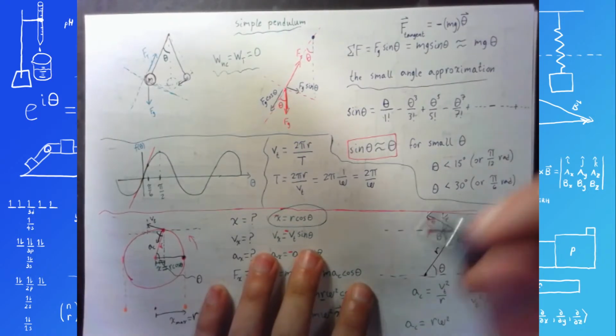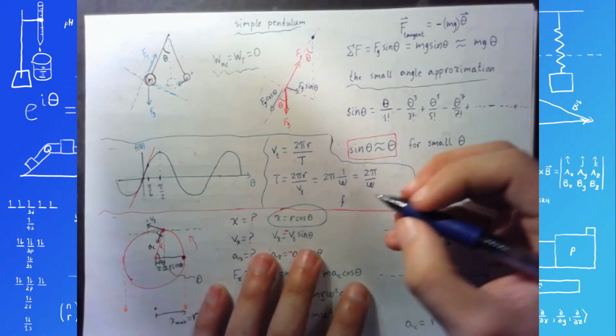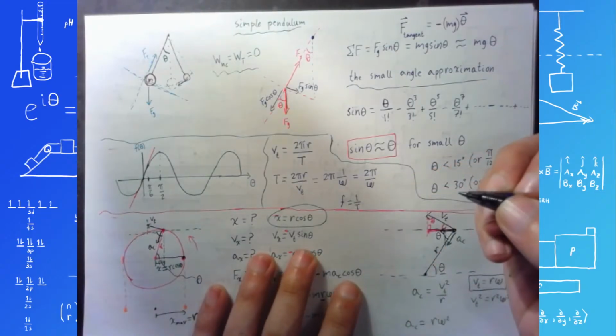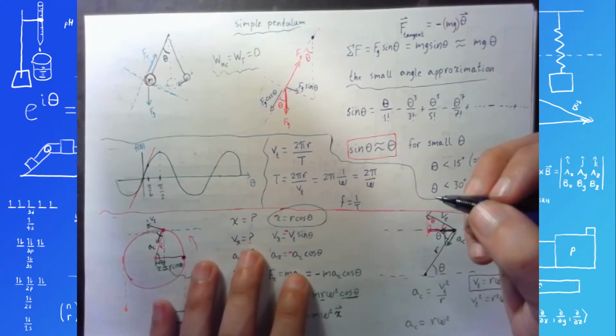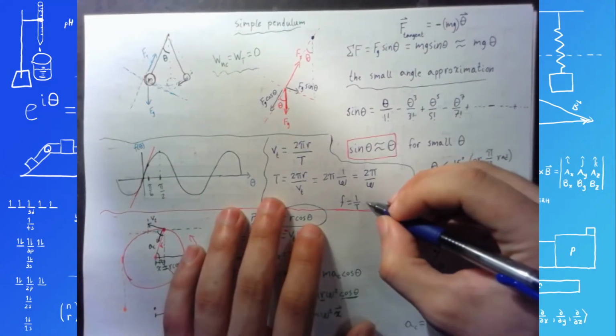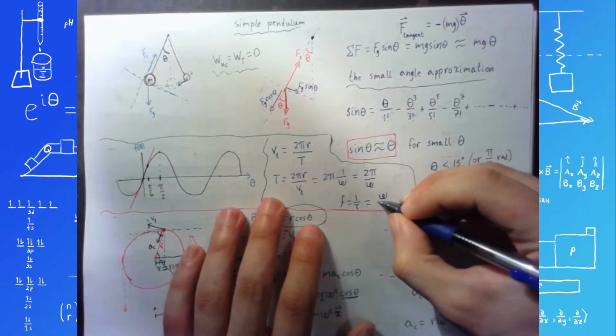So frequency is equal to 1 over period. If I were to do 1 over period over here, frequency is equal to omega over 2 pi.